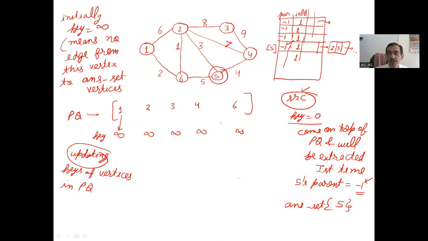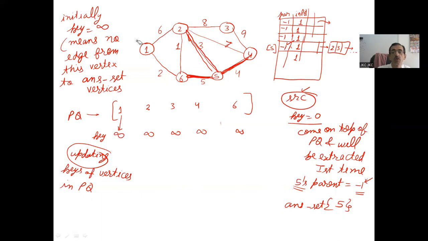Corresponding to 5, I have a connection towards 2. That is one connection. Sorry, let me correct this. I have another connection, and I have another connection. So 3 connections out of 5.